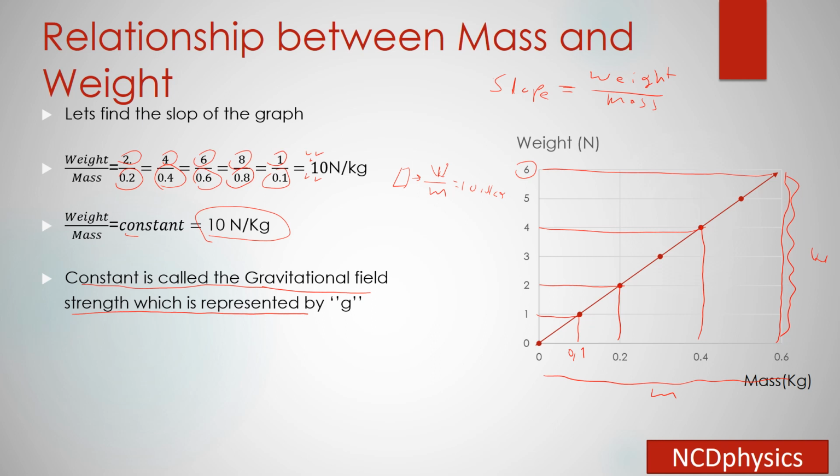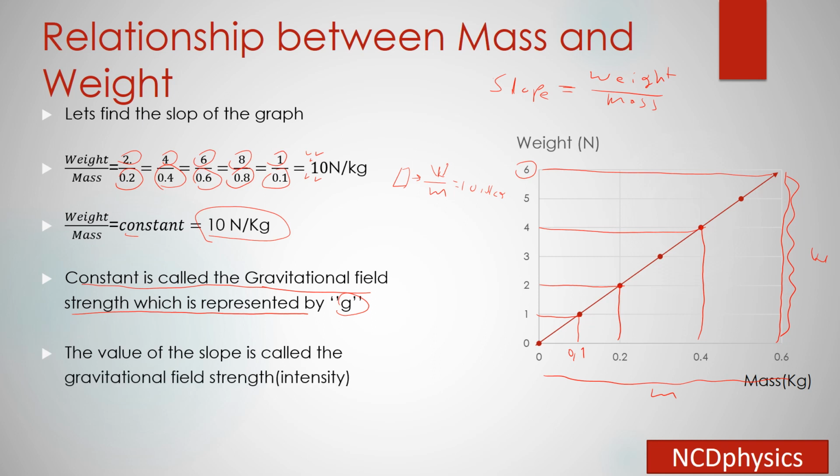If you are talking about, let's say, the moon, it is the gravitational field strength of the moon. But for earth, the gravitational field strength is 10 Newton per kilogram. It is represented by G. Okay, G is gravitational field strength.